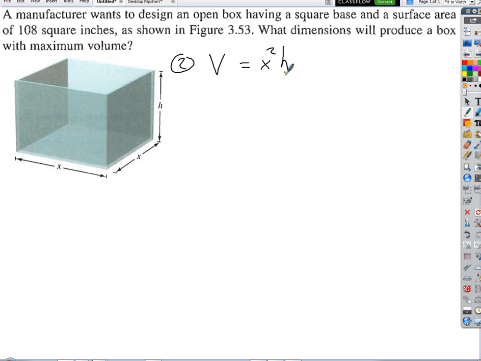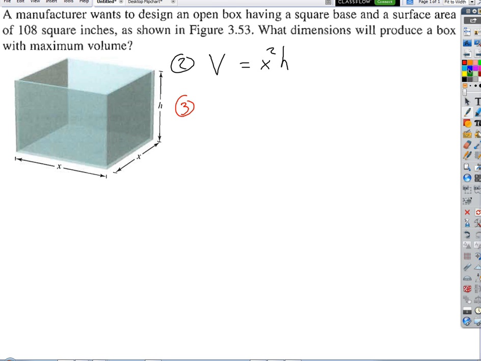There's going to be some kind of a numerical limit almost always imposed on this. In some way it'll be numerical. Surface area. So the surface area, yeah, that is the limiting factor here, right? The surface area is limited to be 108 square inches. If the surface area were not limited, this would be a ridiculous question. The answer would just be make it infinite, right? But it is limited.